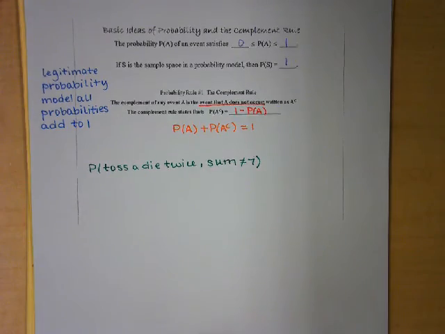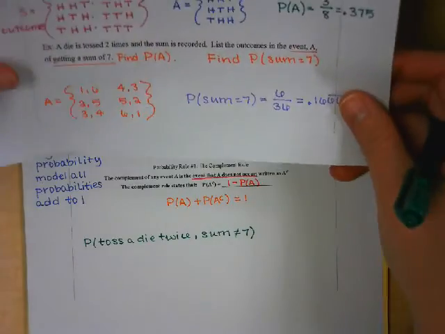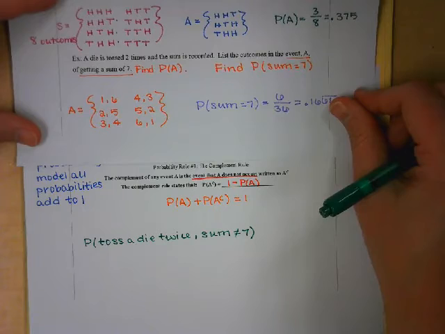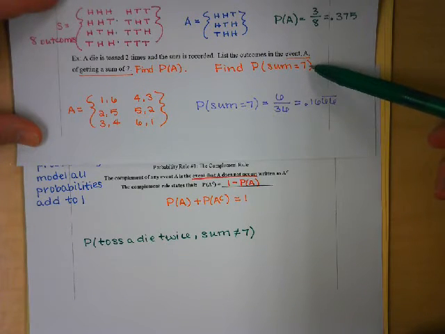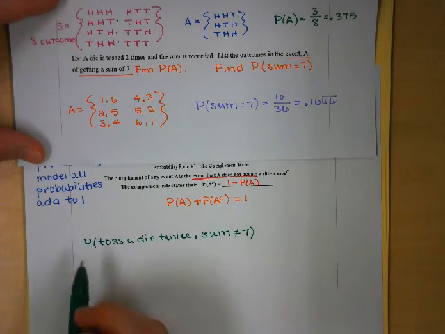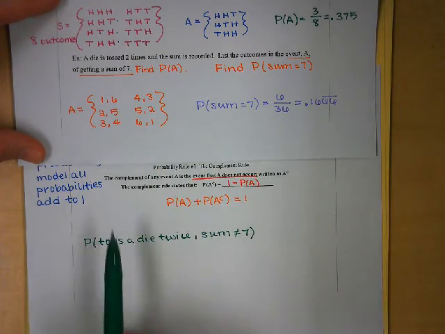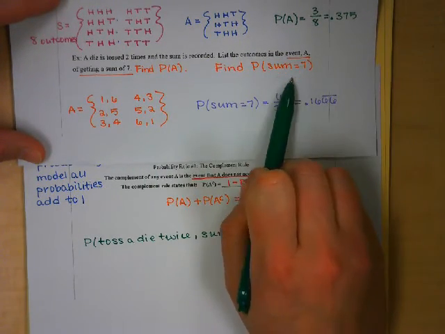And the reason why I chose that is because we had just done the probability the sum does equal 7 when we toss the dice twice. So this is the complement of this one.